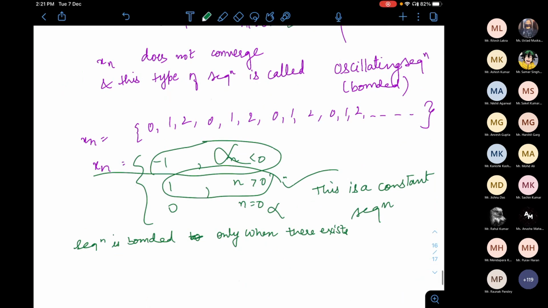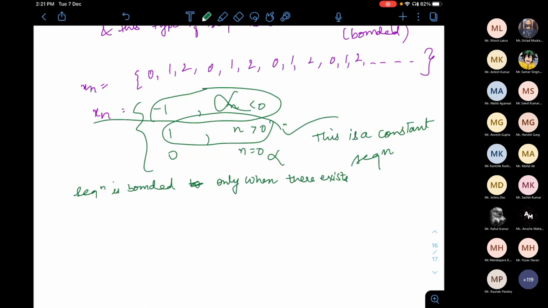If I'm writing, don't confuse yourself with functions on the real line, because when a function of the real line comes, much more mathematical analysis will come. Try to understand on a subset of the natural numbers, because if you understand this, then you will go up.